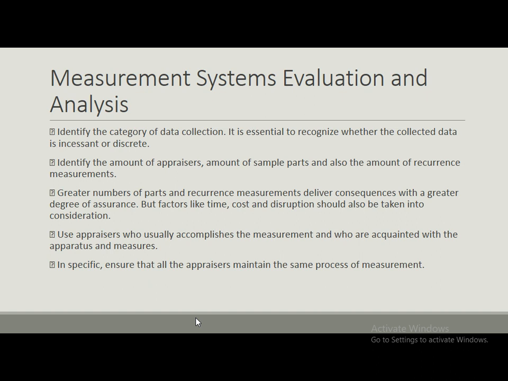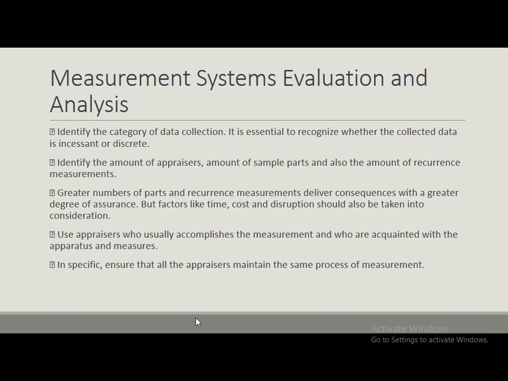Use appraisers who usually accomplish the measurement and who are acquainted with the approaches and measures. In specific, ensure that all the appraisers maintain the same process of measurement. So choose the sample parts to characterize the complete process range.